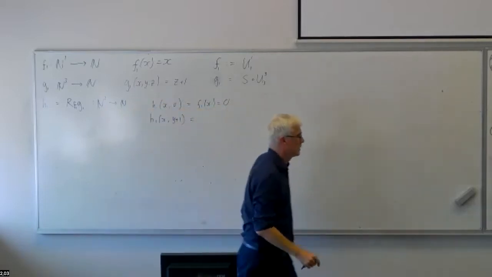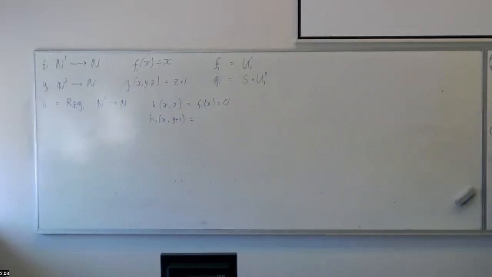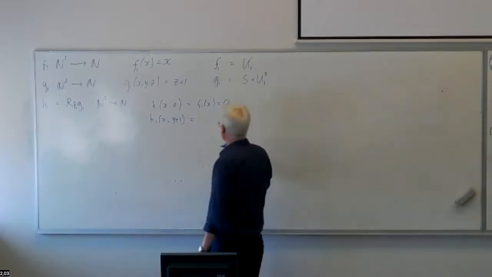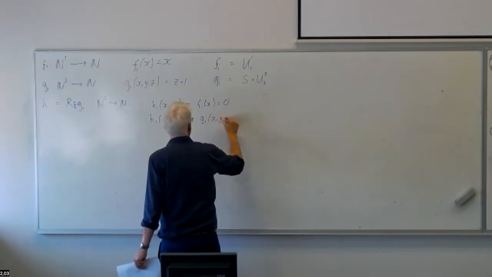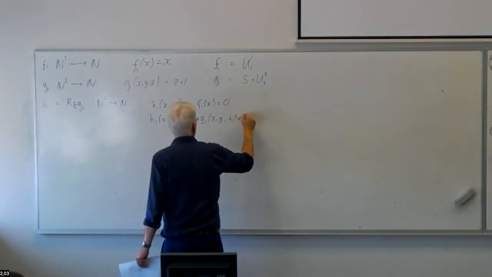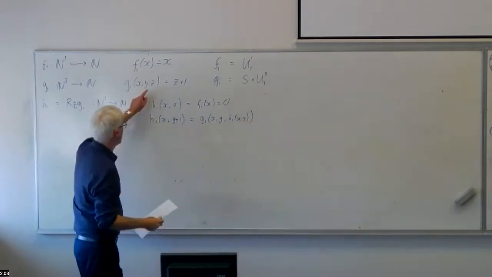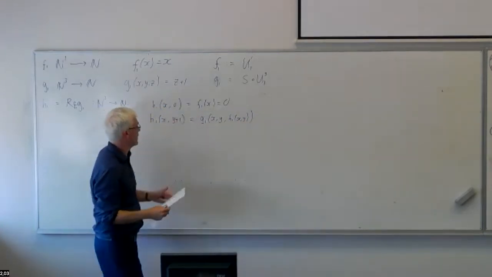Well, this is our X, this is our Y plus 1. So it's G1 applied to X, Y, and then H1 applied to X, Y. So it's G1 of X, Y, H1 of X, Y. G1 just takes its third argument and adds 1.